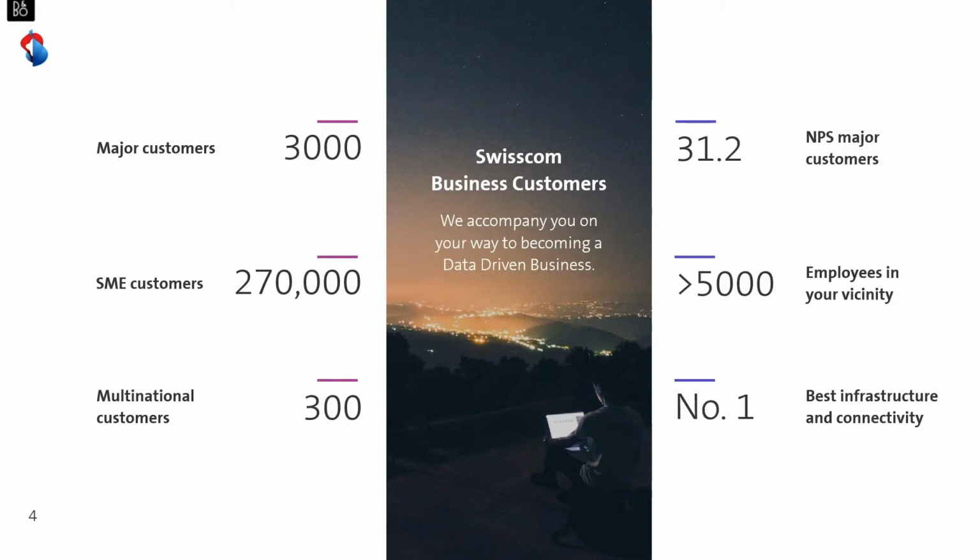Swisscom business customers, where Wuming and myself are part of, works together with customers to develop future-oriented solutions supported by one of the most comprehensive ICT portfolios in Switzerland. This includes cloud, outsourcing, workplace, and Internet of Things solutions.